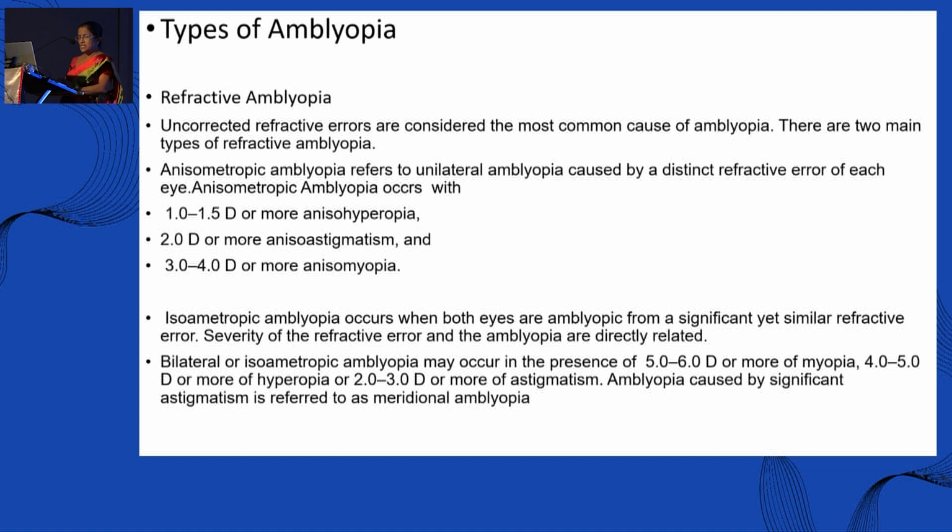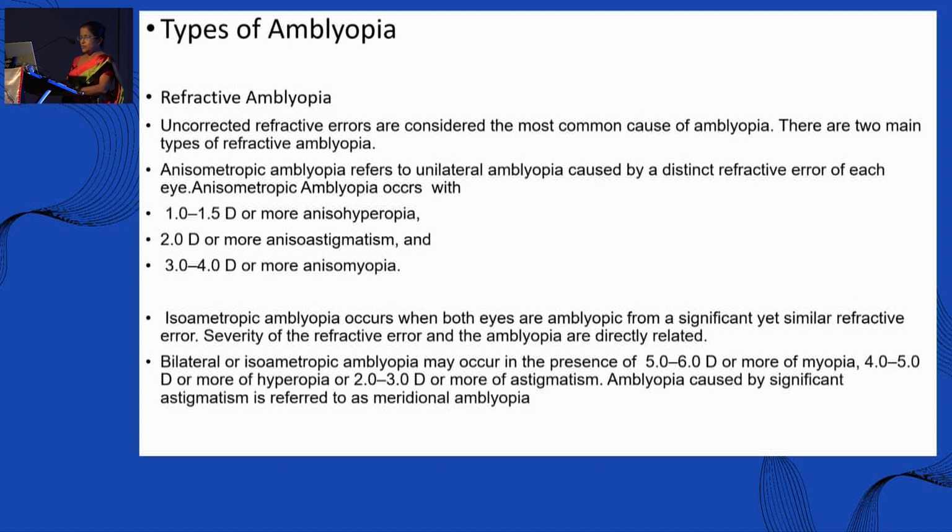Dr. Manoj also discussed this topic. It occurs when there is an asymmetry of about 1 to 1.5 diopters of spherical hypermetropia. And when it comes to astigmatism, a difference of 2 diopters or more, or in myopia a difference of 3 to 4 diopters between the two eyes, can cause amblyopia.